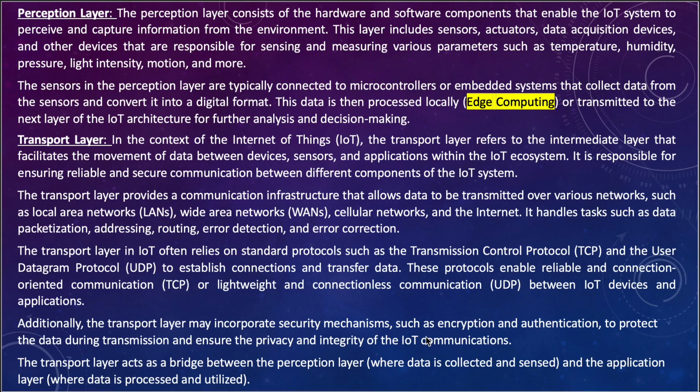Transport layer. In the context of the Internet of Things, the transport layer refers to the intermediate layer that facilitates the movement of data between devices, sensors, and applications within the IoT ecosystem. It is responsible for ensuring reliable and secure communication between different components of the IoT system.